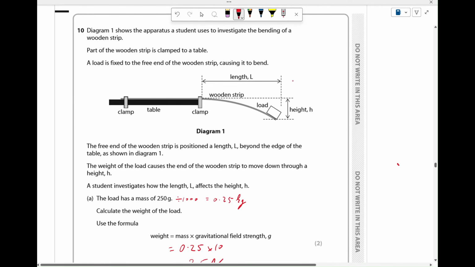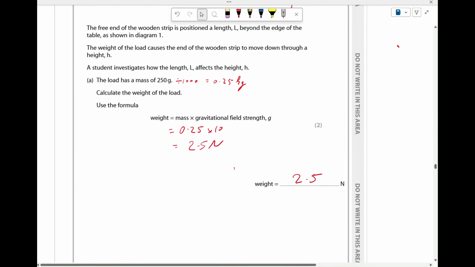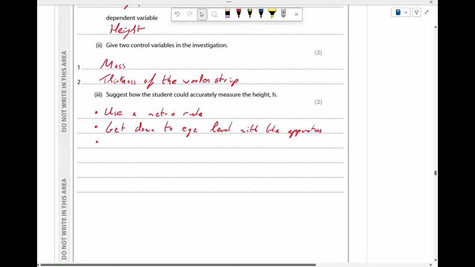So you could put basically a pendulum down like that. We call that a plumb line. Use a plumb line to ensure the ruler is vertical.